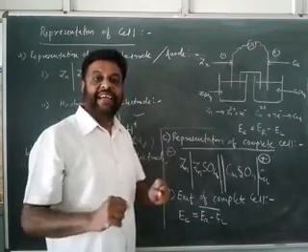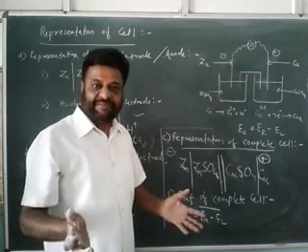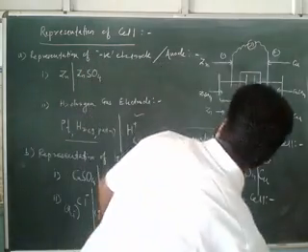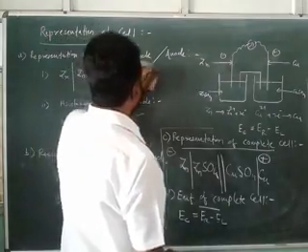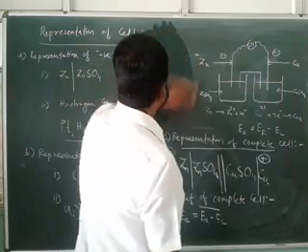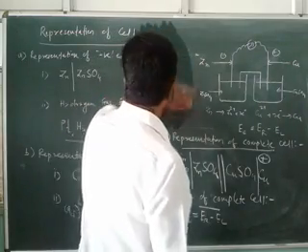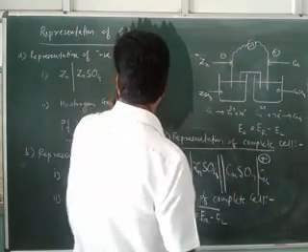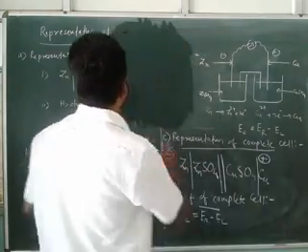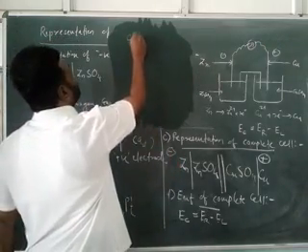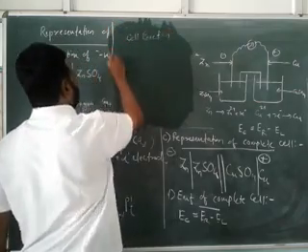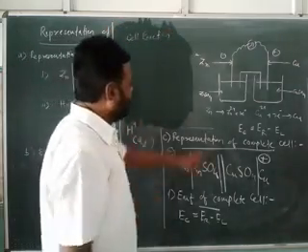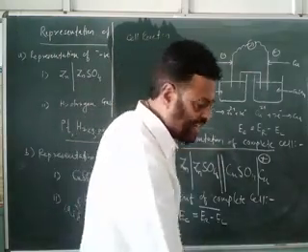And finally, the cell reactions. How can we write the reactions? We know that on the left hand side, an oxidation reaction takes place.